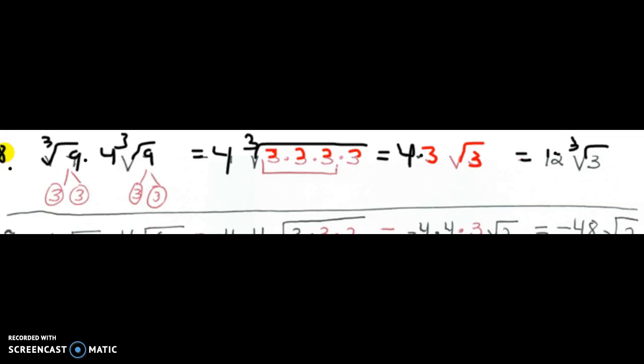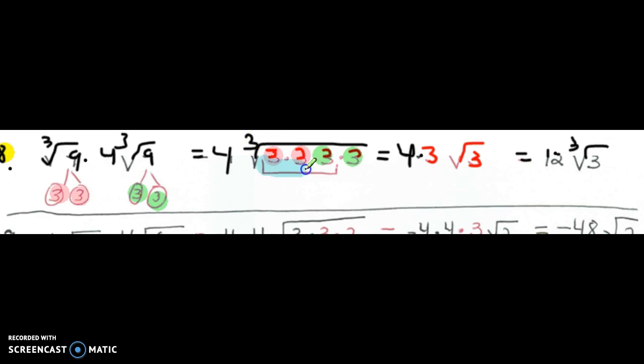In problem number 8, we are going to multiply the cube root of 9 times 4 the cube root of 9. So I'm going to factor 9, and I get 3 times 3. That's where these 2 3's came from. Next, I'm going to factor 9 again. I get 3 times 3. So that's where these came from. I am looking for the cube root, so I'm looking for sets of 3's to come out.